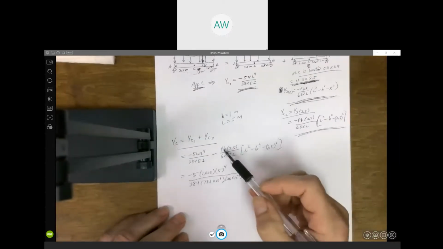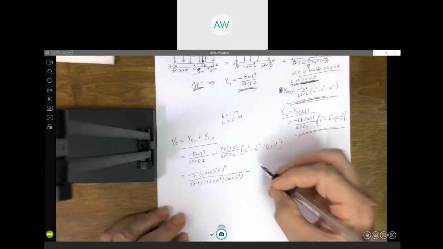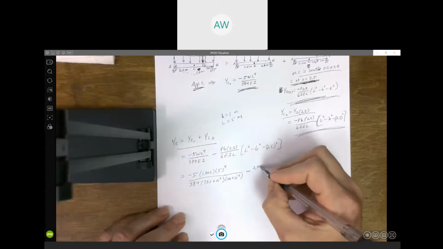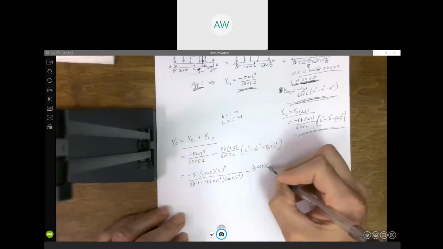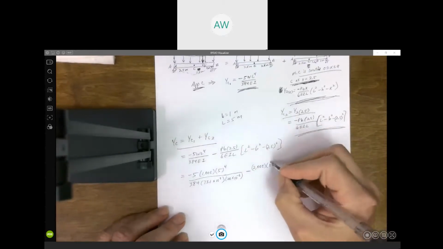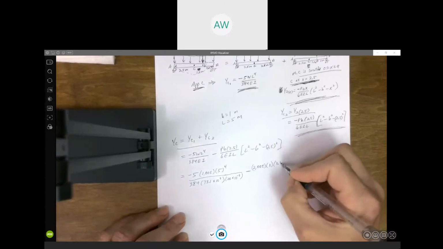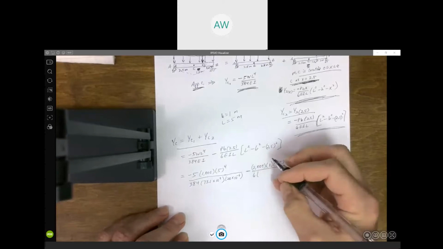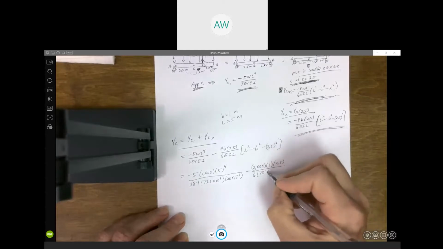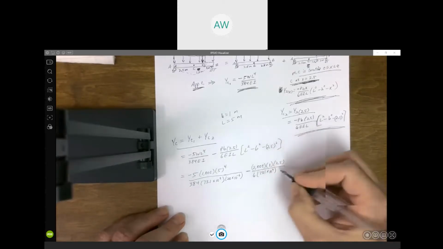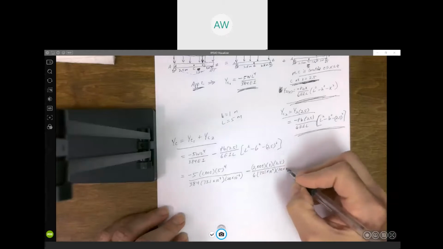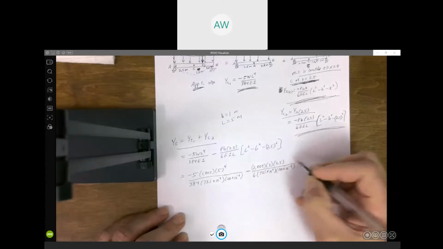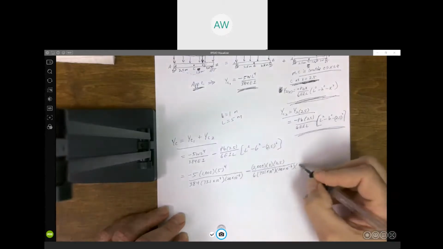And likewise for P, it's 2 kilonewtons, but I'm going to go ahead and put in newtons, 2,000 newtons. B is 1 meter, 2.5. 6 times E is 73.1, 10 to the 9th. I is 20 times 10 to the negative 6. L is 5.